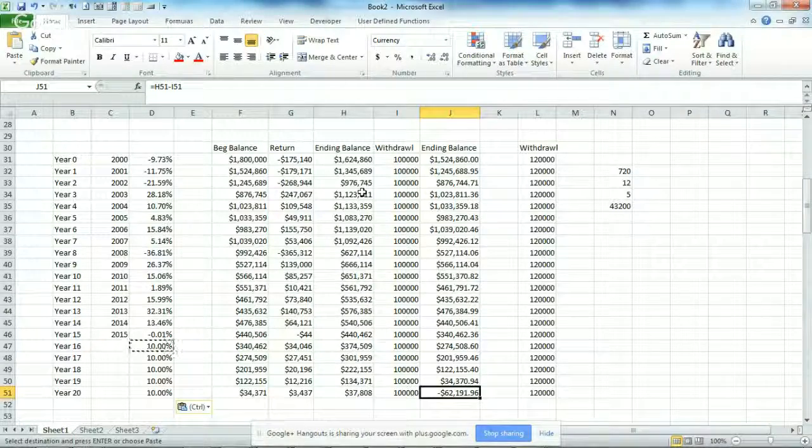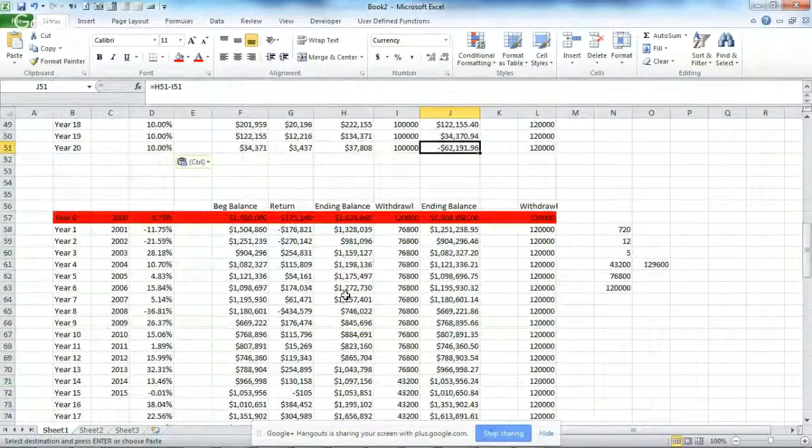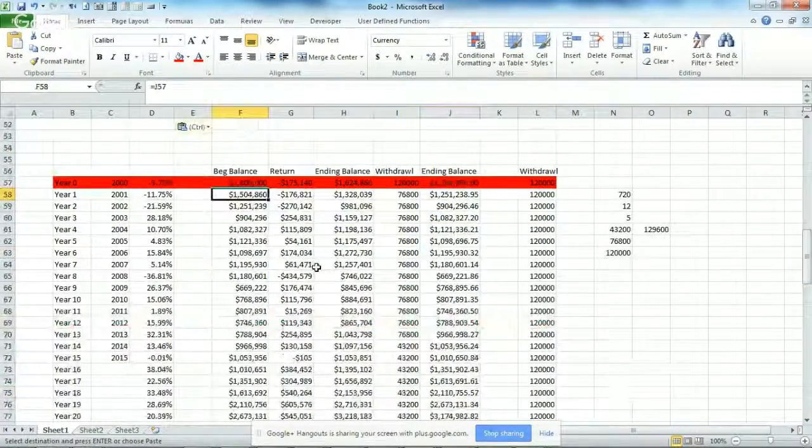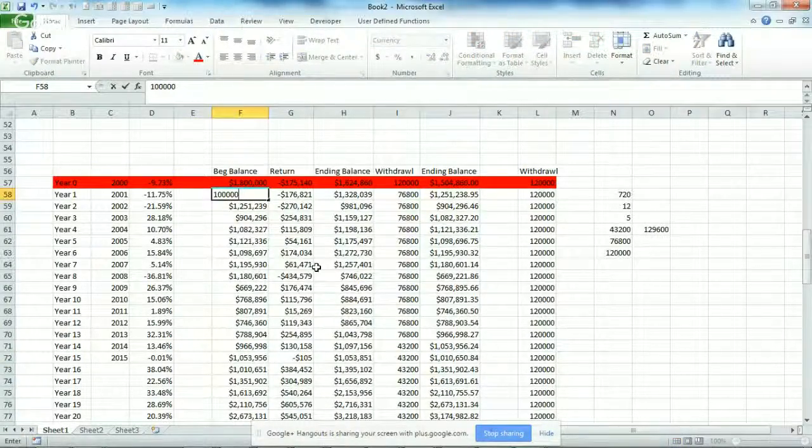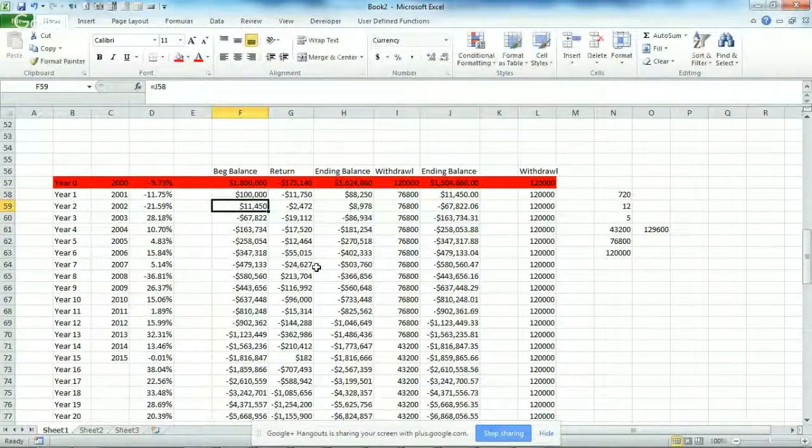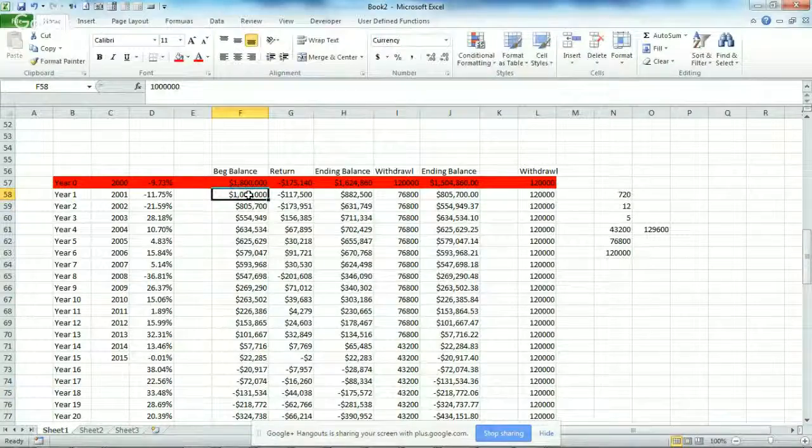So let's come back to this scenario. We buy an annuity for $500,000. We start with 1.8 million, the market went down 9-10%, and the ending balance was $1.5 million.